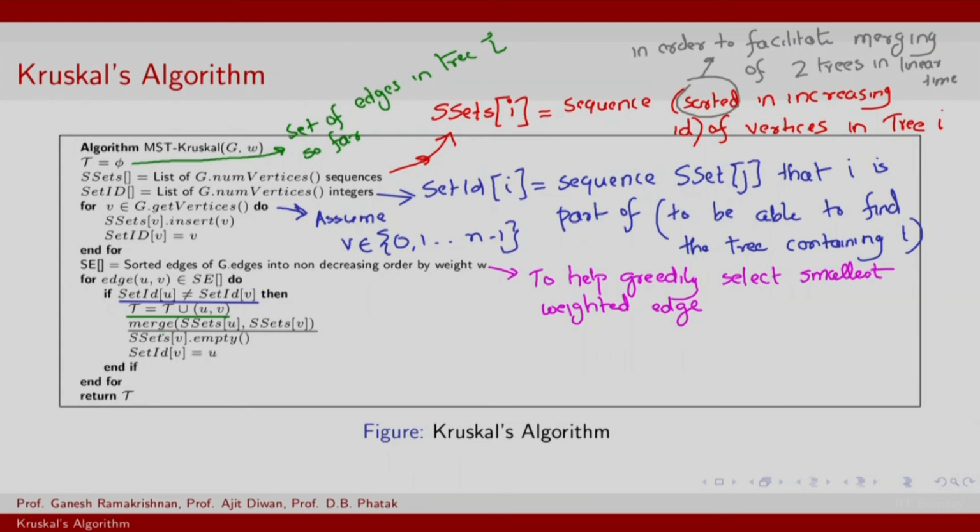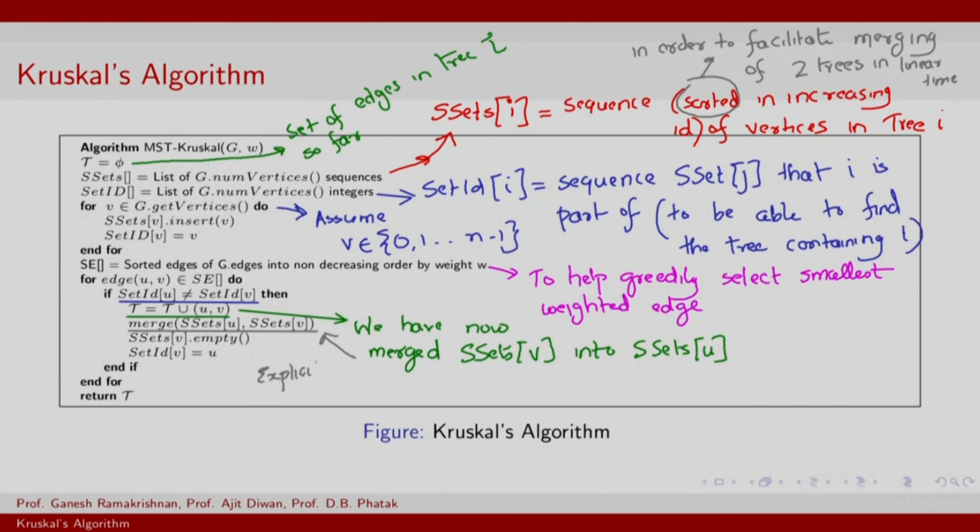We basically merge the two trees now. We have now merged the tree corresponding to S sets V into S sets U. So that we reflect in the update for T, and we also explicitly update our forest data structure in the next step.